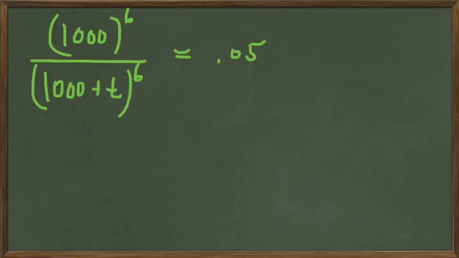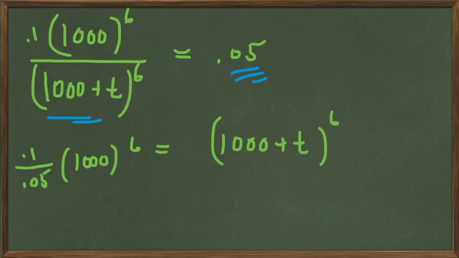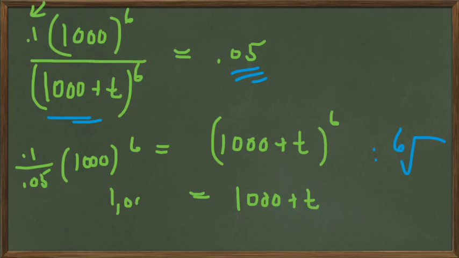Let's multiply by the expression involving t, this expression here, and divide by 0.05, and that gives us what? That gives us this. I had forgotten the 0.1 right here. And to solve this, we take 6th roots of both sides, and when we do that, we get 1,000 plus t on the right side, and on the left side, the 6th root of 1,000 to the 6th is just 1,000.